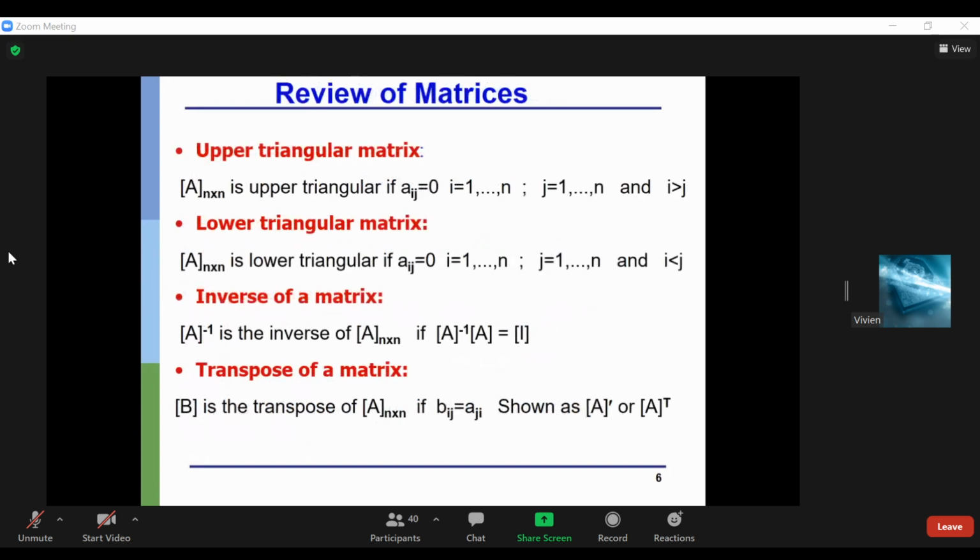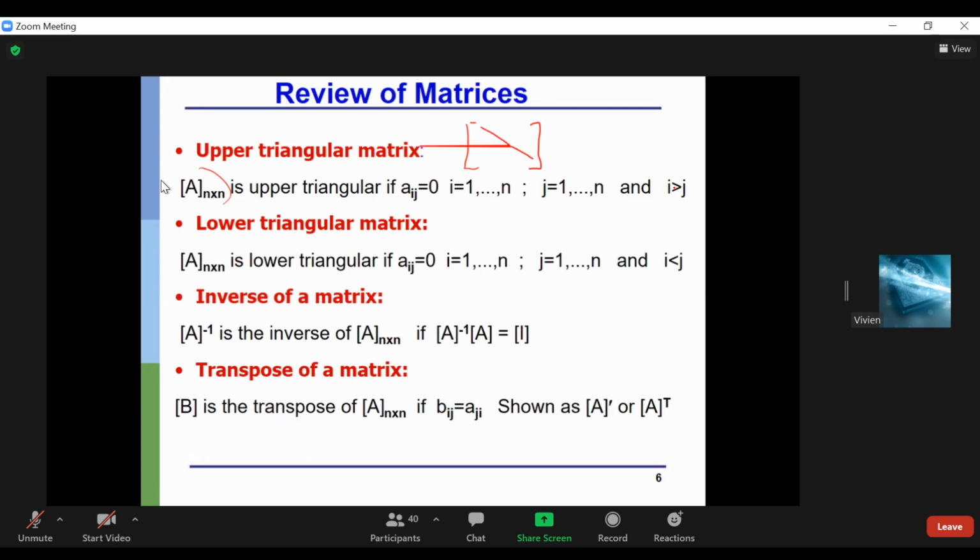Okay. So we also have the term upper triangular matrix. When we talk about a triangle, the matrix is divided by the diagonal line here. The square matrix A is an upper triangular matrix if all the elements Aij are equal to 0 for i from 1 up to n, j from 1 up to n, and i is greater than j.